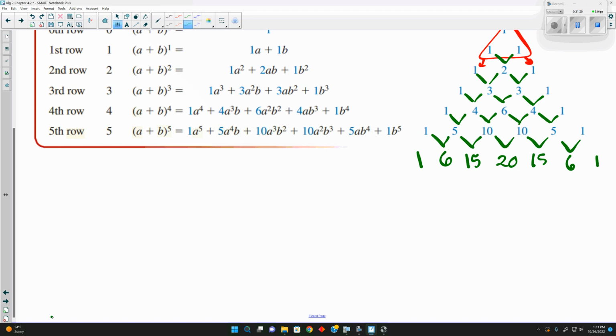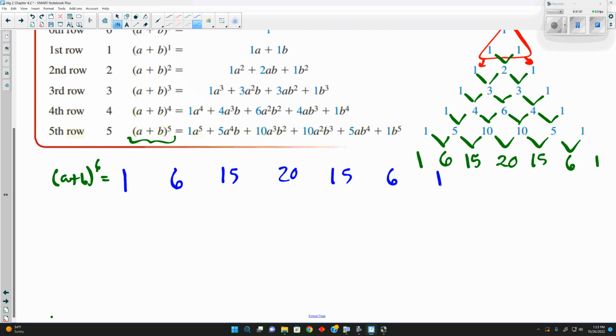Now, for how this works, for the 6th row, we're saying a plus b to the 6th. For our numbers, we would have 1, 6, 15, 20, 15, 6, 1. You don't have to write any of this in.